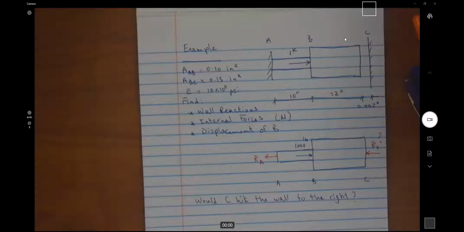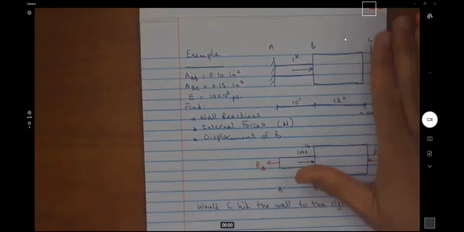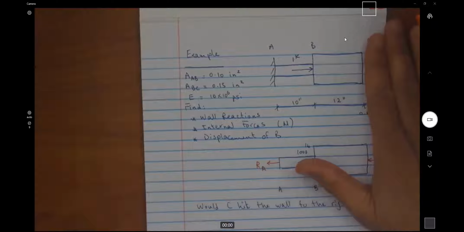Excellent. So the suggestion here, if I want to figure out whether it hits the wall or not, I start by thinking of this part as if there is no wall and see how much it is going to move to the right. How do we do that?